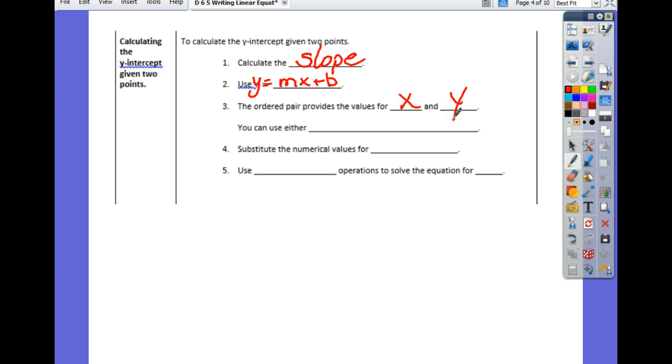You can use either point, either ordered pair, doesn't matter, you pick. Then you substitute the numerical values for the slope, because we figured that out. And then we use inverse operations to solve for the b.